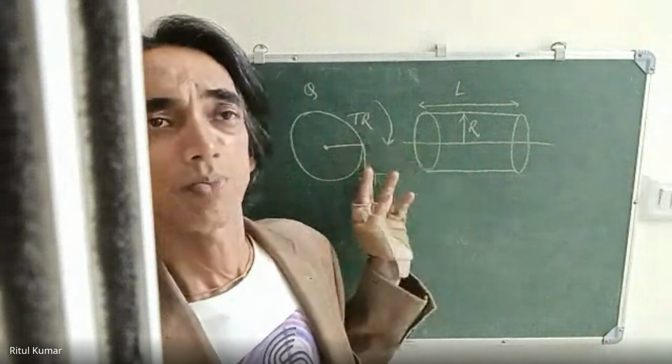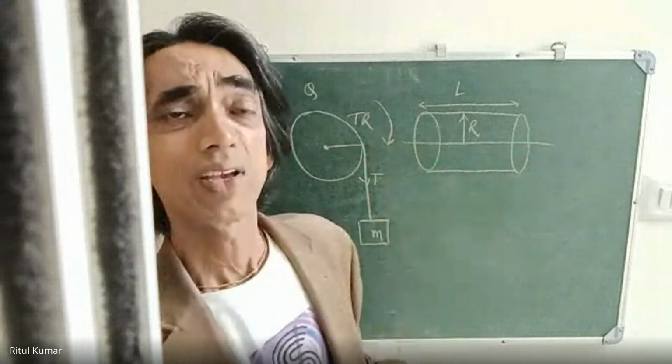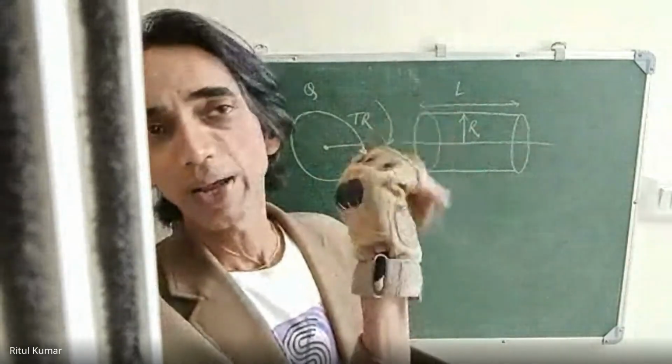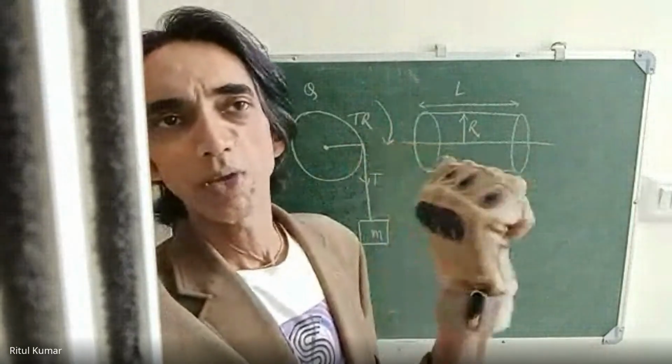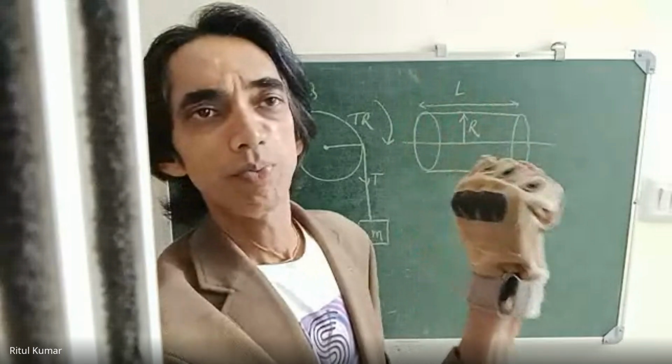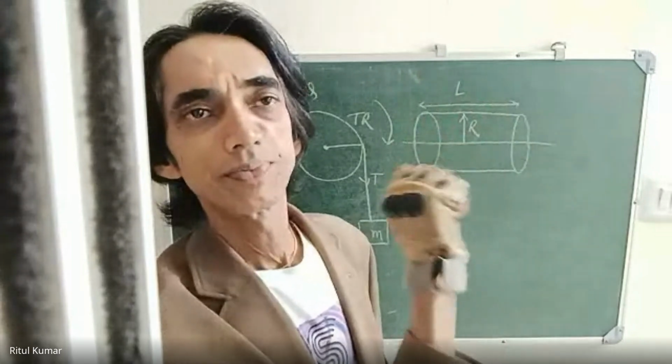Yes, this current is increasing. If current is increasing, the direction of current is anti-clockwise, so B field due to current is into the board, agreed? Current is increasing, so B field into the board is increasing.